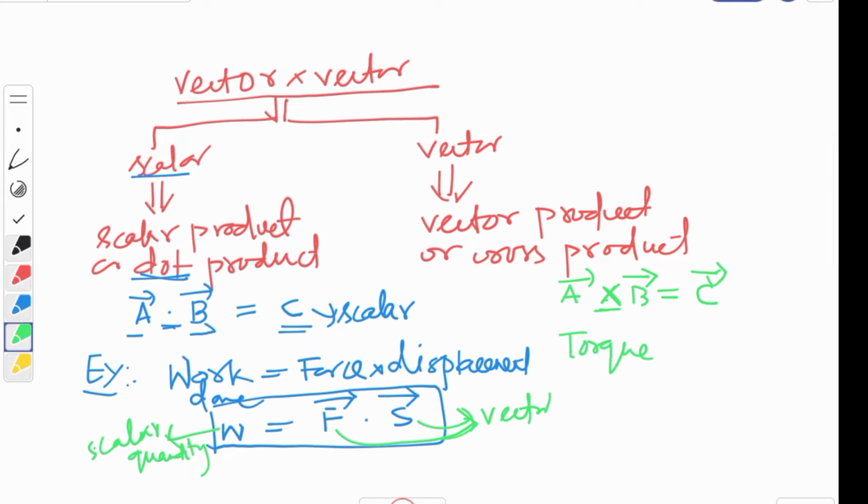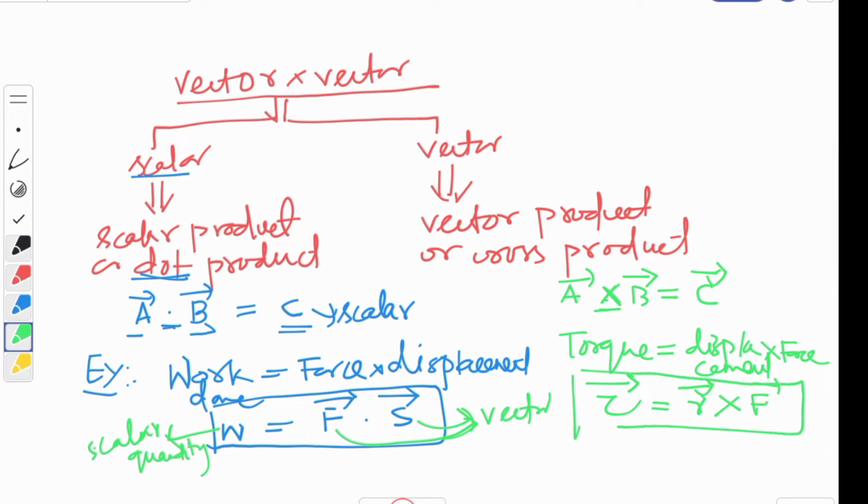Torque, in rotational motion, is the position vector, that is your displacement, cross force. Torque is denoted by tau and it is a vector quantity. The position vector is a vector, and force is a vector. So this is the example of the vector product or cross product. Is it clear, children?